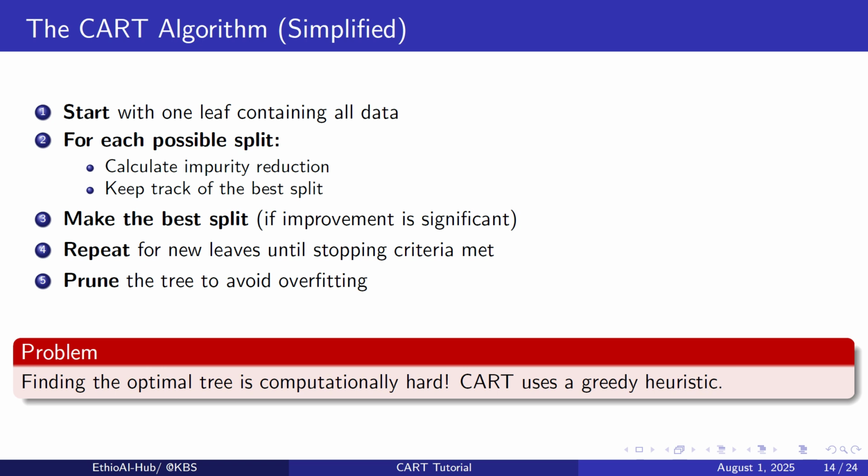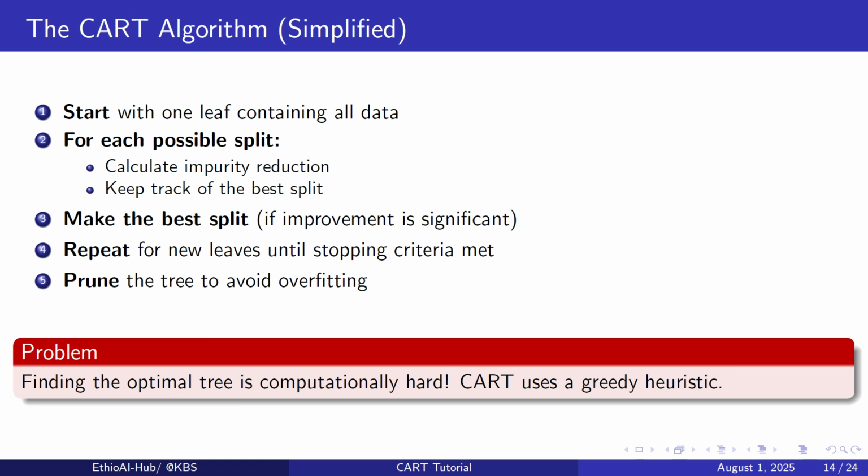For example, if splitting by gender gives a better measure of impurity, less impurity right now, it will use that. But in general it doesn't look at the consequences for classifying further in the future. So it's a greedy way.